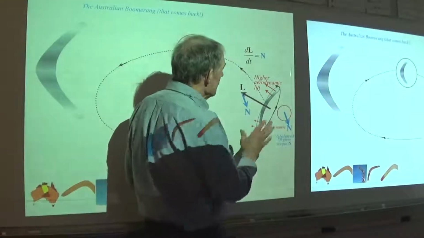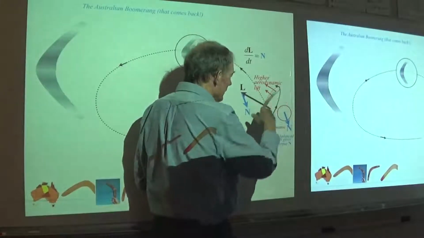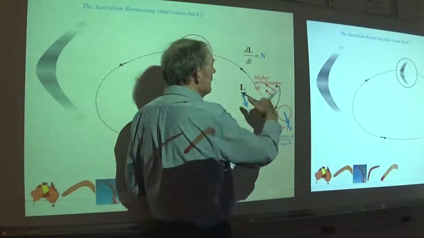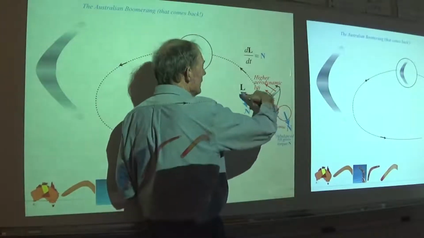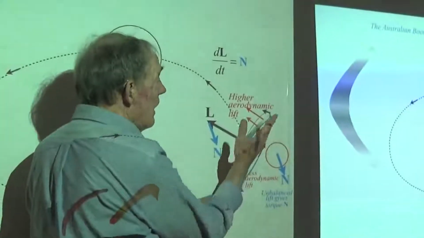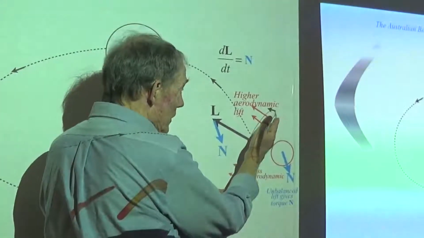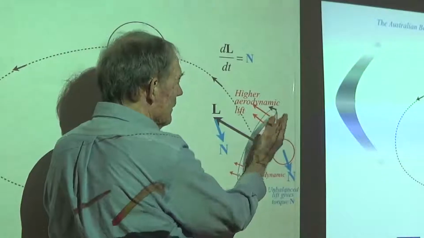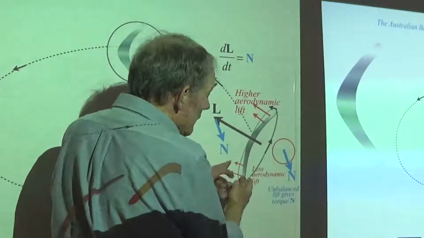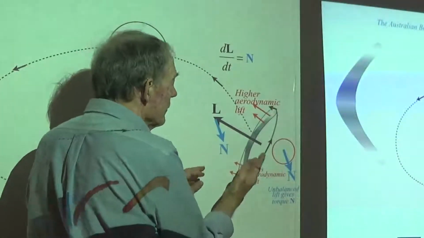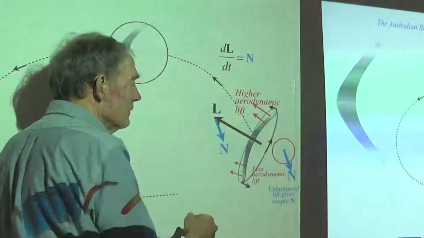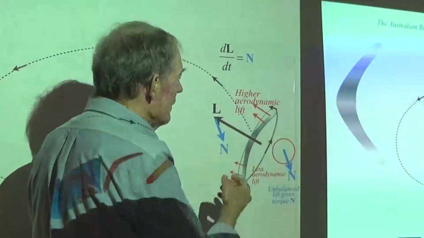First of all, if the boomerang has been thrown so that it is flying into the board here, and has a right-hand rule angular momentum, the thumb being the L vector, then there will be higher lift on the upper part of the boomerang's wing that has the velocity plus the rotation, and there'll be maybe even no lift on this one because it might be that the wing is just coming back with exactly the speed that the boomerang has as a linear velocity. Anyway, it's going to be less than this.